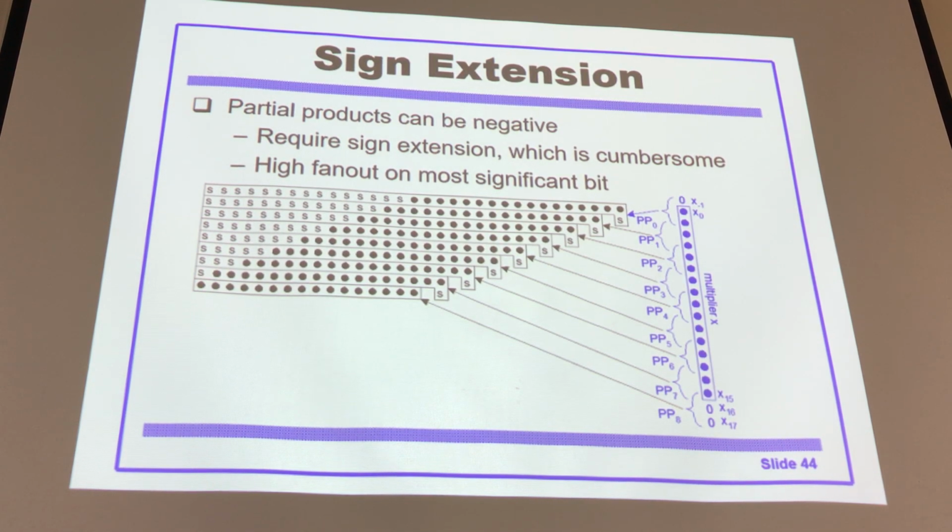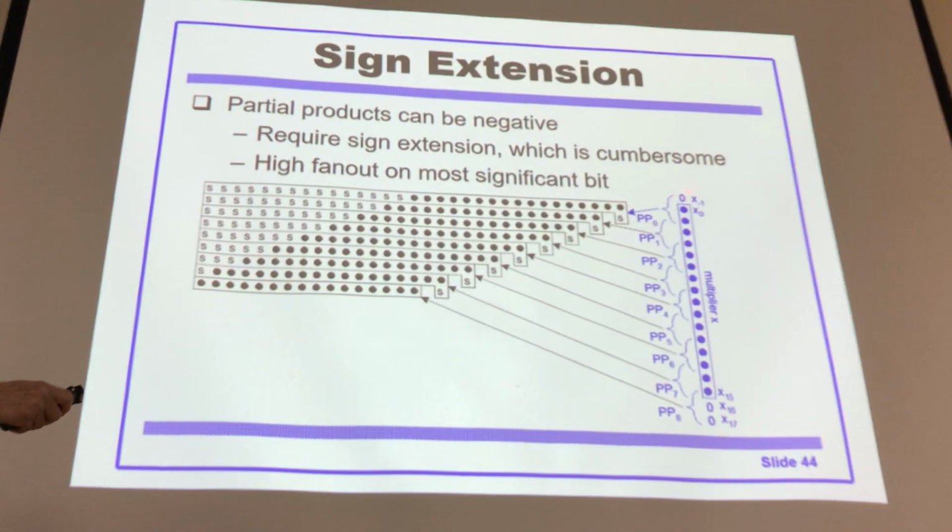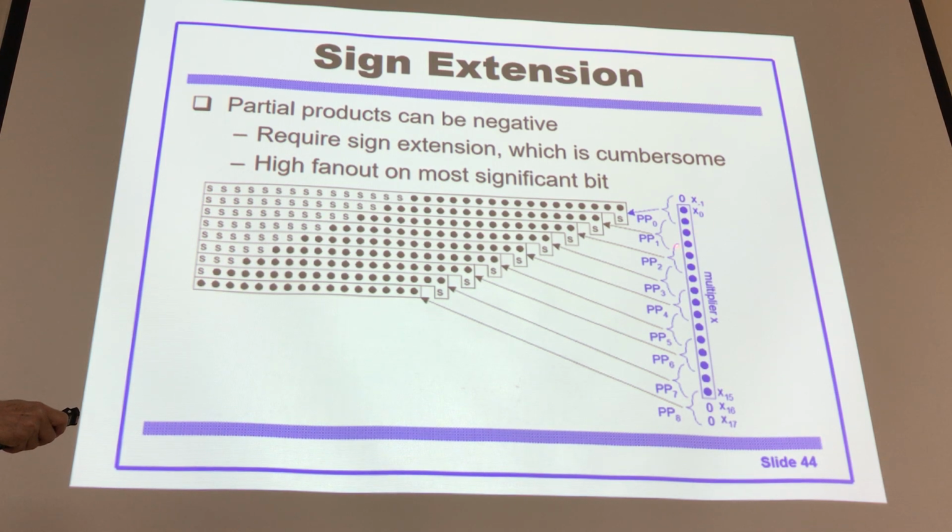So let's say we try to reduce the number of partial products. Before we have 16 partial products, and now you look at 2 bits at a time. The 2 bits for PP0, with the right-hand side bit 0 by default, and the next 2 bits for the next partial product.